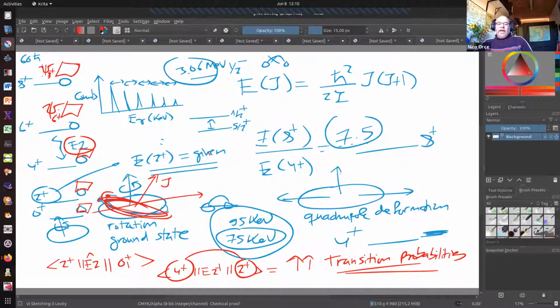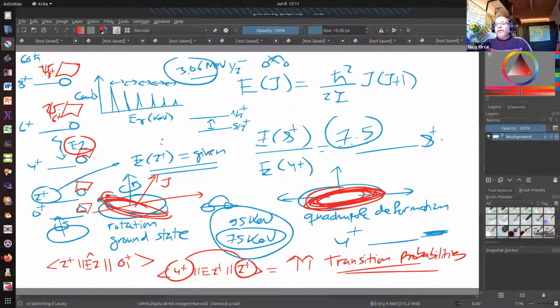So as of today, we have introduced the collective motion. We have deduced the energy spectrum. We know that these are all decaying by E2 transitions. And we know how to predict what the excitation energies will be for a rotor, which is nicely deformed, as we see right here, right?